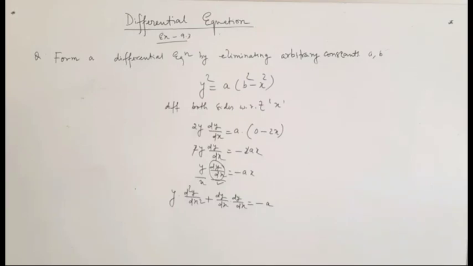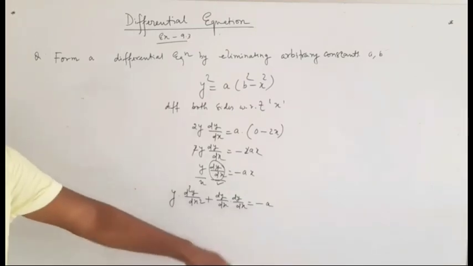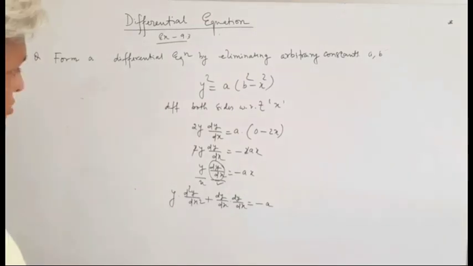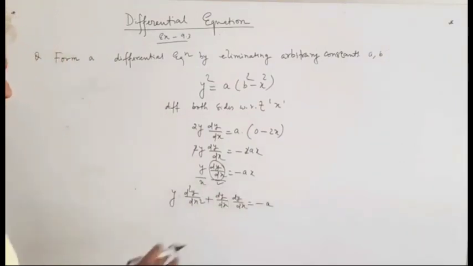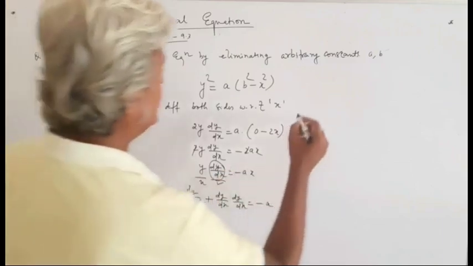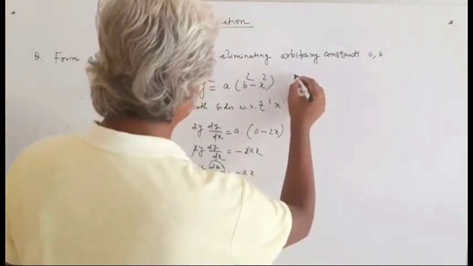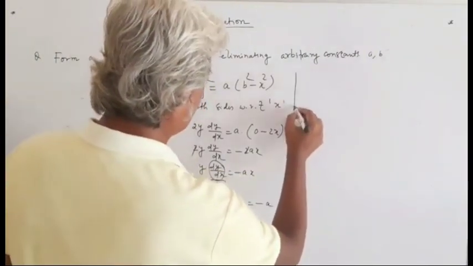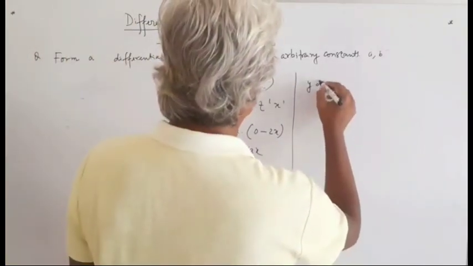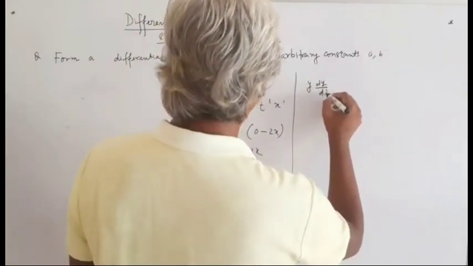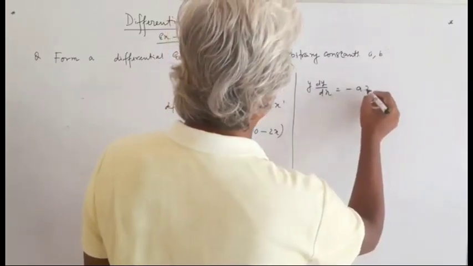Now we have to solve this by eliminating this variable. How can we eliminate this part? You see that here we found y dy by dx is minus ax.